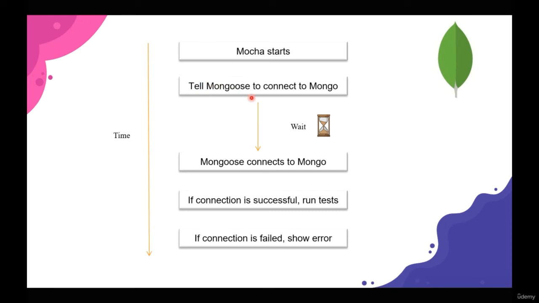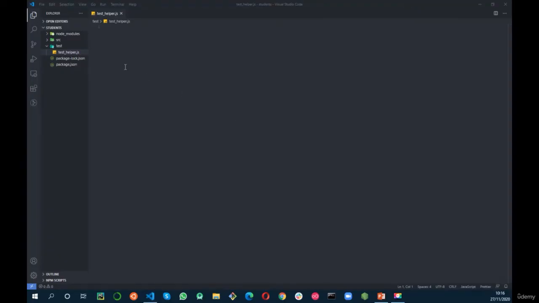Well, inside of a test helper file, we'll write the code to make the connection. Now, we don't necessarily know how long it's going to take, but we are sure that it won't happen instantaneously, right? So after the connection is finished, that means that we've got to check to see whether the connection was successful. And if it's finished successfully, then we're going to run our test. But if not, it'll show us an error, and we will be able to stop the testing before we get too far into it.